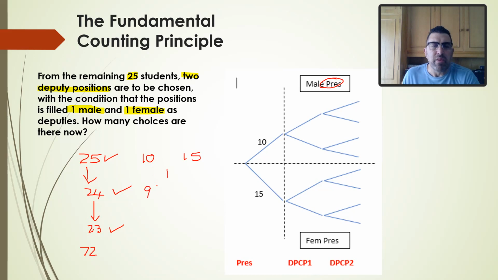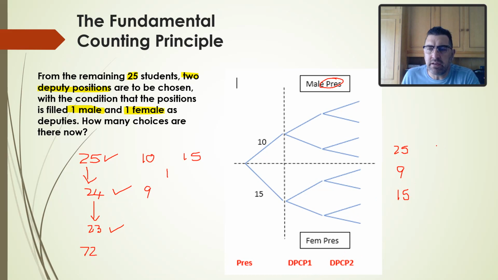Okay? So in the beginning you had 25 choices. The president was chosen to be a male president. So there's 9 choices left to choose from for the deputy, and there's still 15 choices left to choose from for the second deputy.